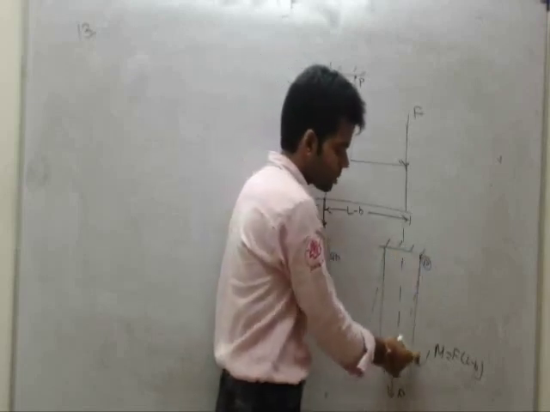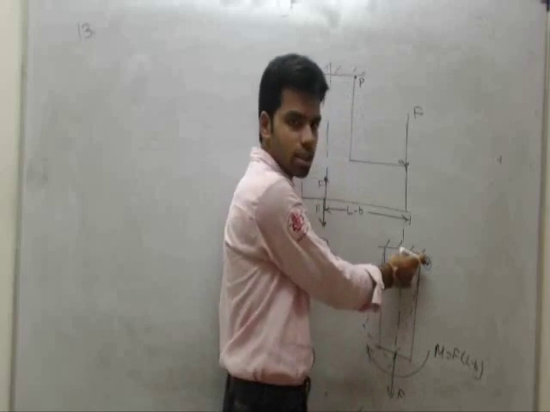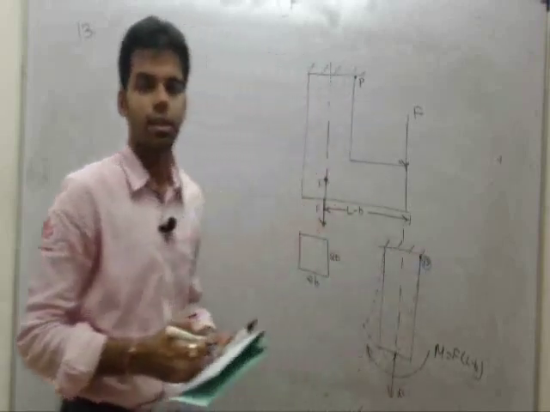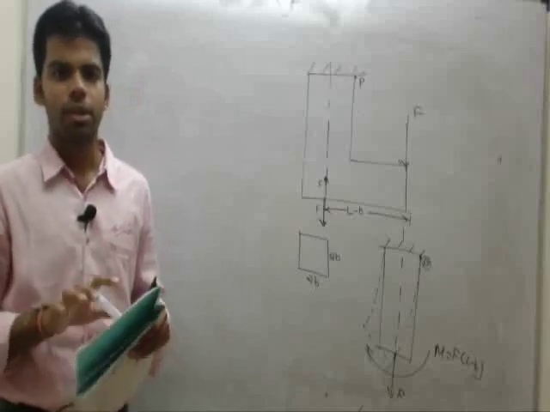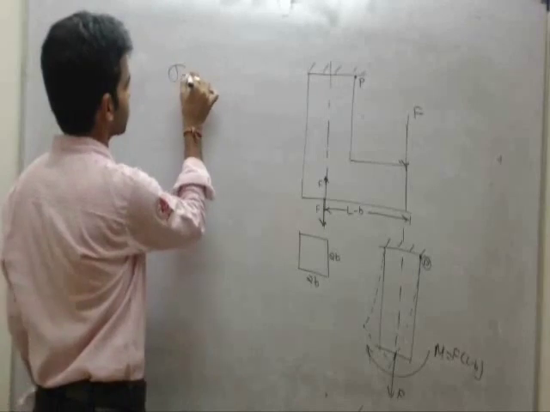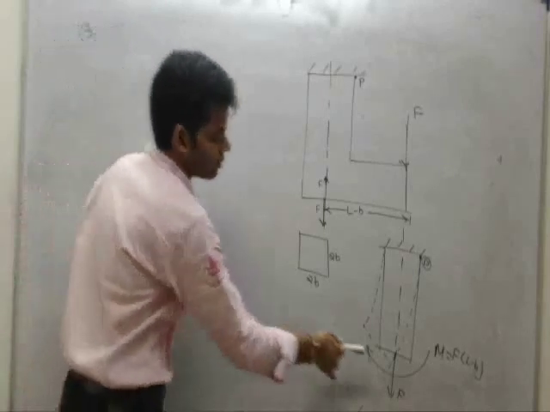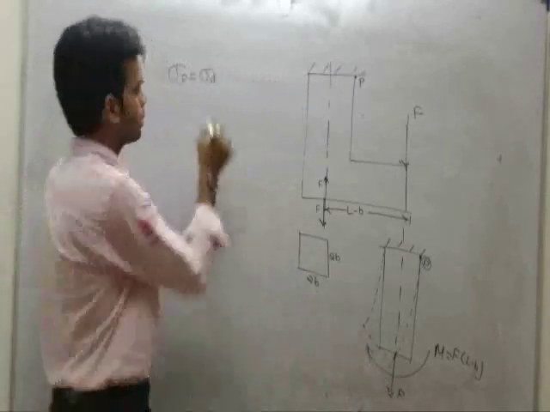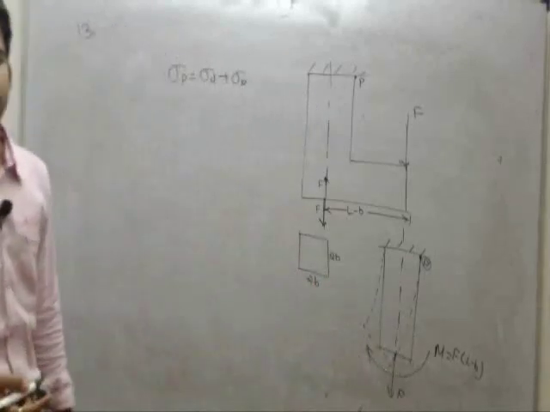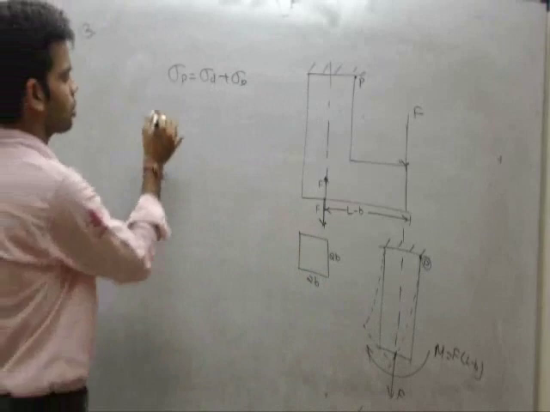As well as because of this M, tensile stress will act, and because of this F also tensile forces will act here. Because we have to determine the stress at point P, total sigma P will be equal to sigma direct, which is because of this F, plus sigma bending, which is because of this M. Clear? Just put the values.